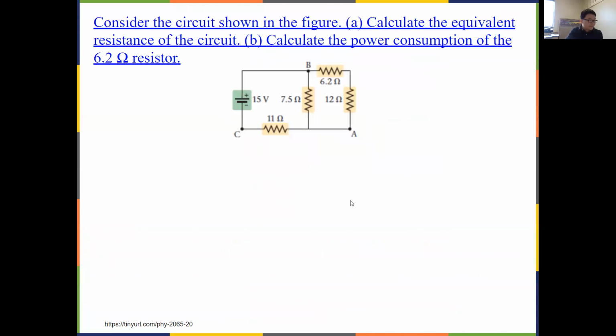All right. So let's take a look at this one. This one says consider the circuit shown in the figure. A, calculate the equivalent resistance of the circuit. And B, calculate the power consumption of the 6.2 ohm resistor. So let me sketch the circuit here.